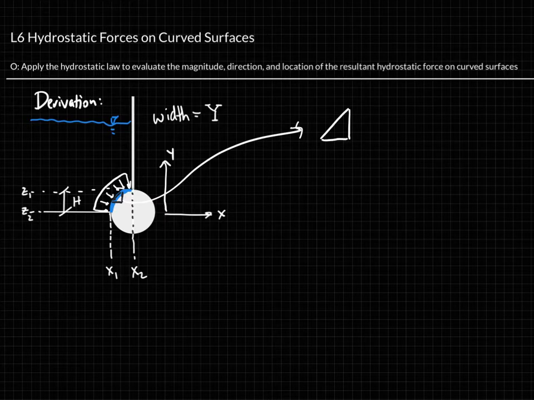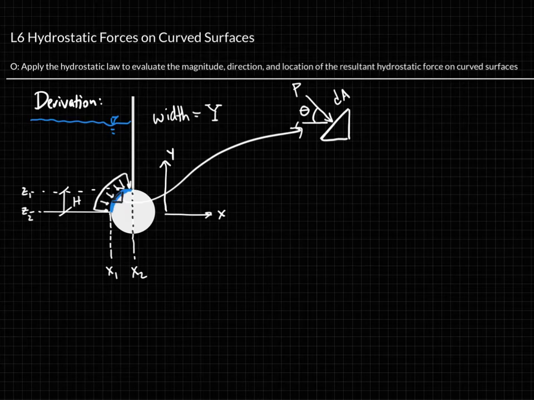So now I'm drawing a triangle, and it's got a pressure on it. That pressure is determined by the depth of that location, but it's coming down at an angle theta. And it's acting on this face, which is a little differential area, dA.